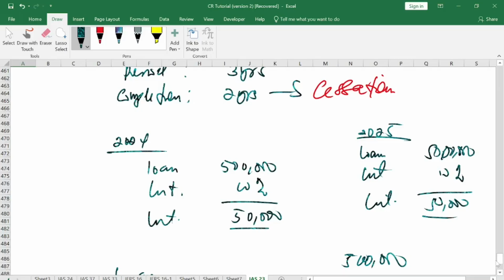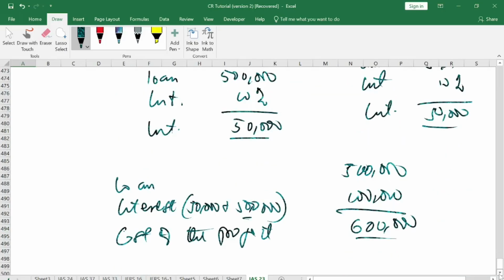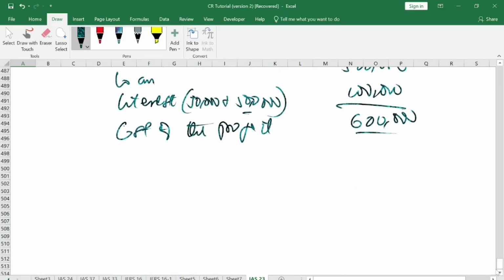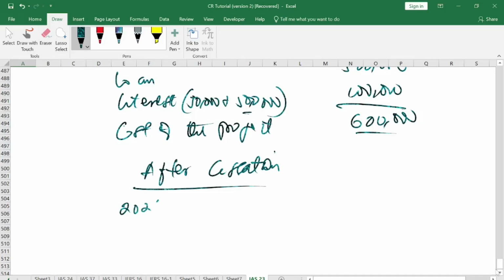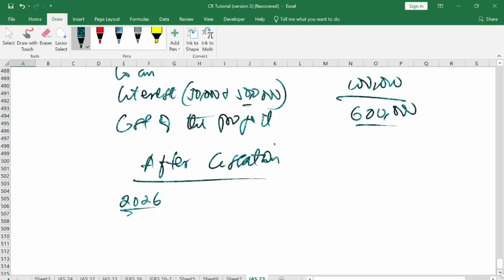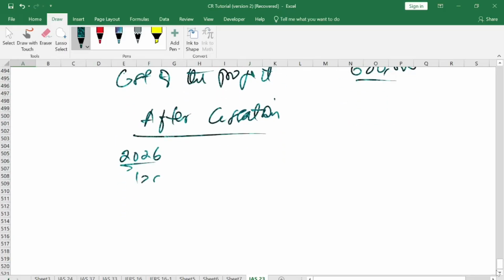So you cease doing the capitalization. Remember, the loan, we've not finished paying it. We have 1 year left. So after cessation, what happens to the interest? The interest is an expense in the profit and loss. So in 2026, which is the final year to finish paying the loan, our loan is 500,000, and the interest is 10% of it.